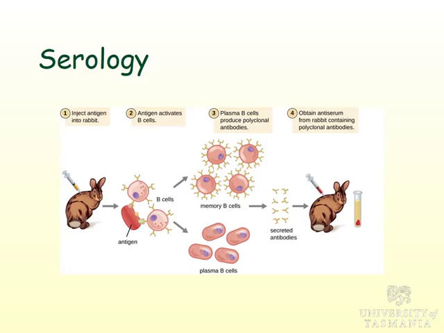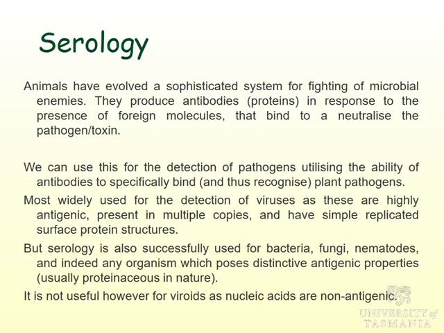So how do you make them? Very crudely. Well, actually, we'll go on to that first. Animals obviously have this quite sophisticated system for fighting microbial enemies, these antibodies, these proteins. They recognise the foreign molecules, they bind to it, they neutralise it, they get rid of it.